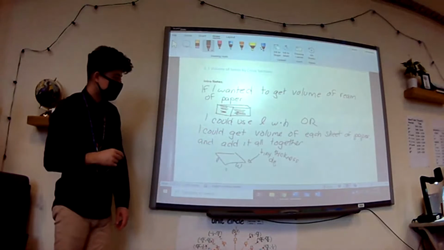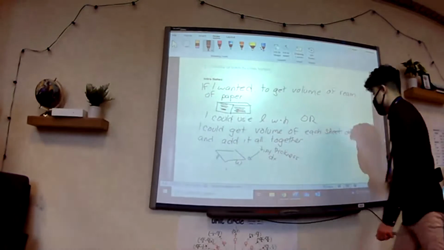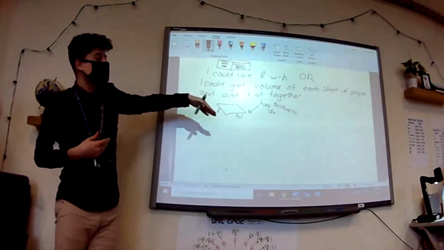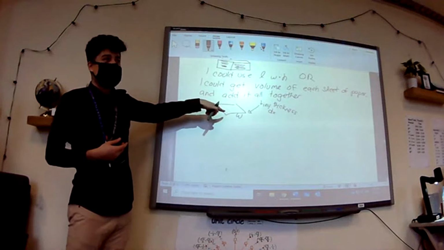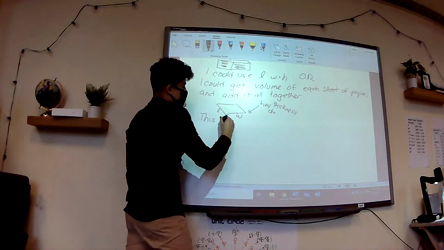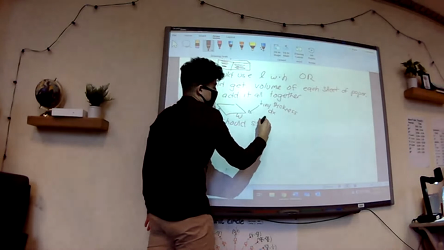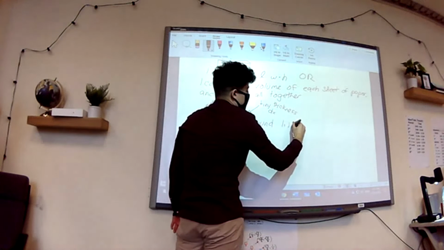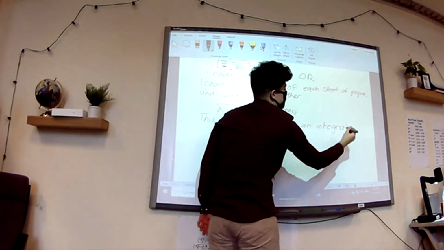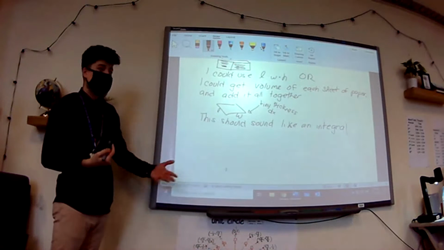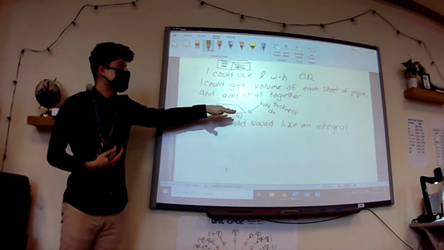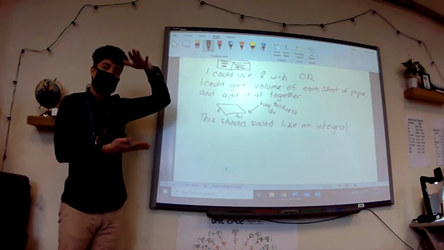And this idea of adding infinitely many, a ton of tiny shapes, should sound like an integral. Because I'm accumulating a bunch of shapes with a tiny dimension to add together and get one bigger shape.